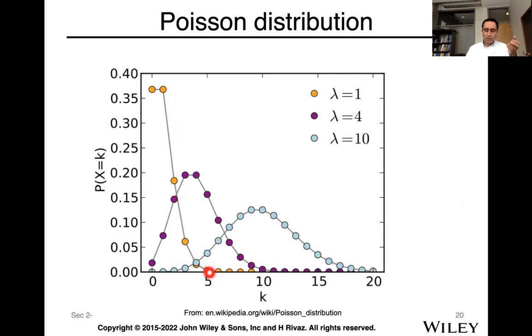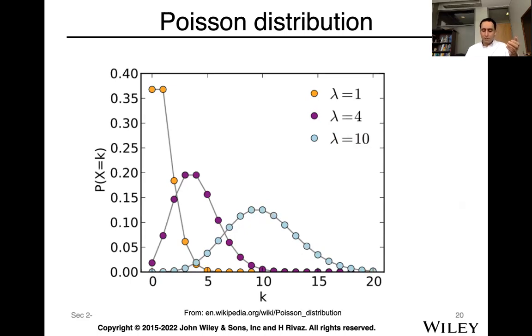So the probability of having 5 or more outcomes when the average is 1 is essentially 0. When lambda is 4, we can see that the distribution moves to the right, as we expect. And when lambda is 10, this is the other distribution that you see.